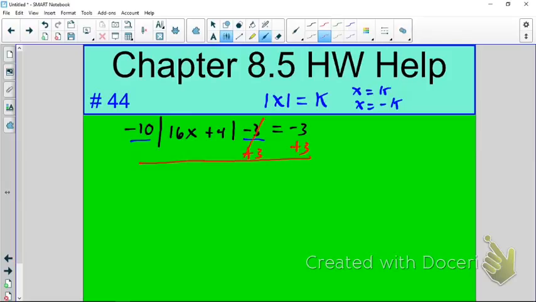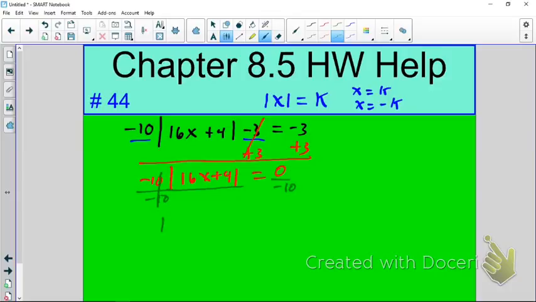This simplifies, and then I'm left with negative 10 times the absolute value of 16x plus 4 is equal to 0. And now I get to use the division property of equality to divide by negative 10. This simplifies to 1. 0 divided by negative 10, I still end up with a 0.